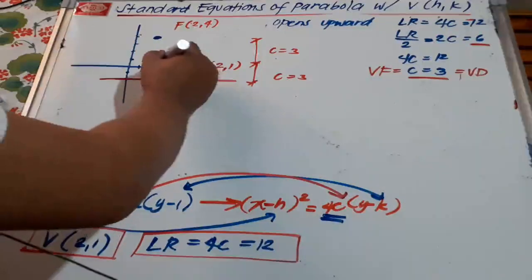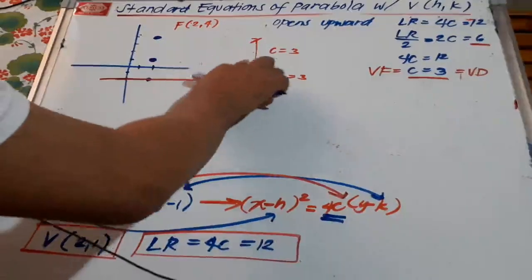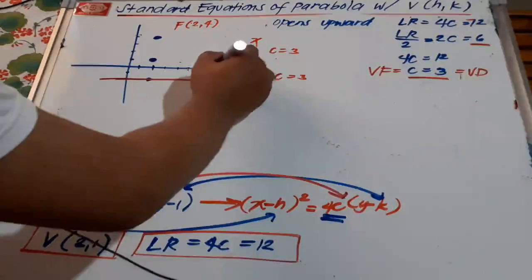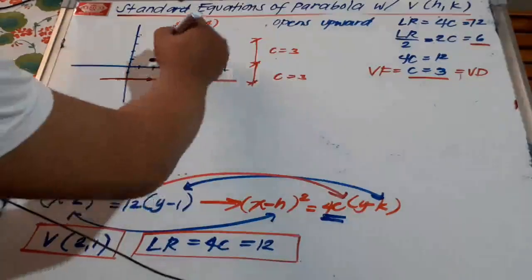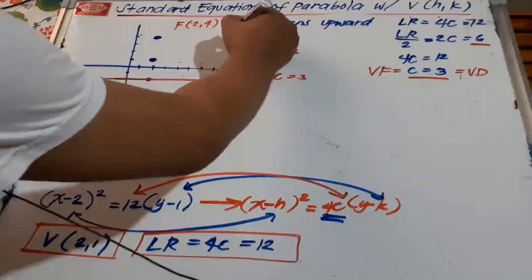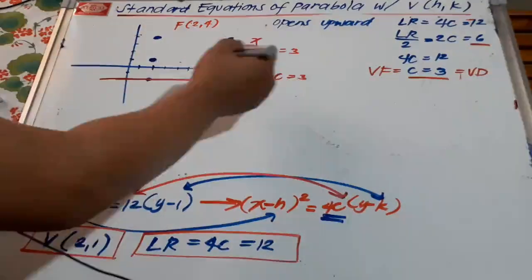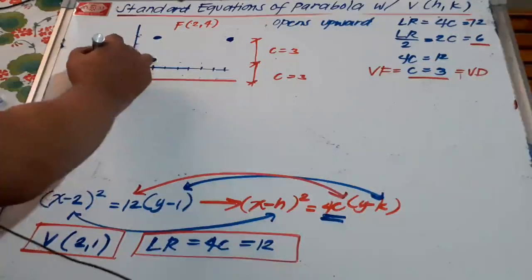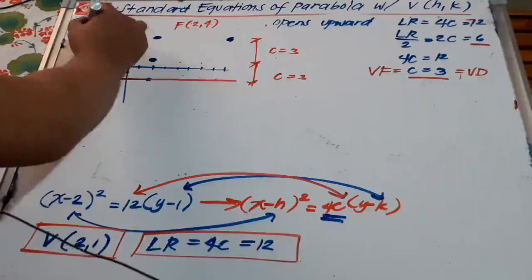So, 1, 2, 3, 4, 5, 6. So, dito, one of the ends ng latus rectum. Sa kanan, sa kaliwa, ganun din. 1, 2, 3, 4, 5, 6. So, ito.